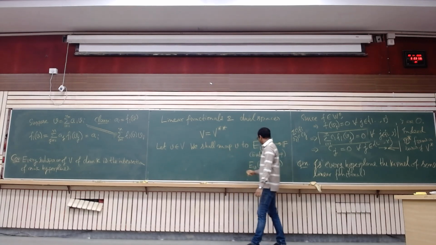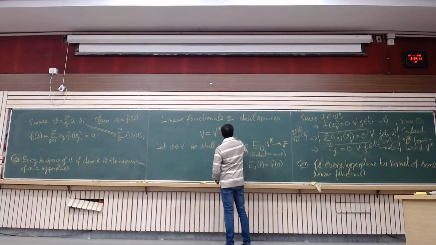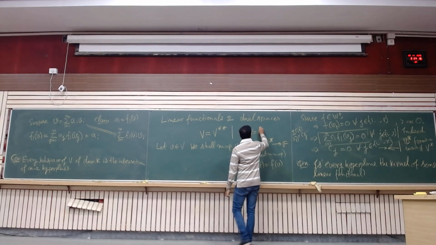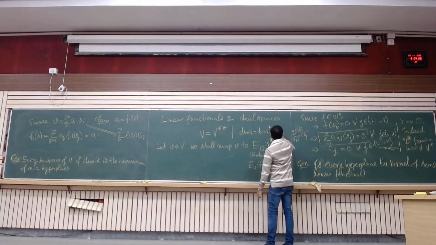All we have to show then is that this map is, at first, a linear transform. It's indeed a linear map. And then, do we need to show bijection? Because here we already know that dimension V is equal to dimension V dual is equal to dimension V double dual.